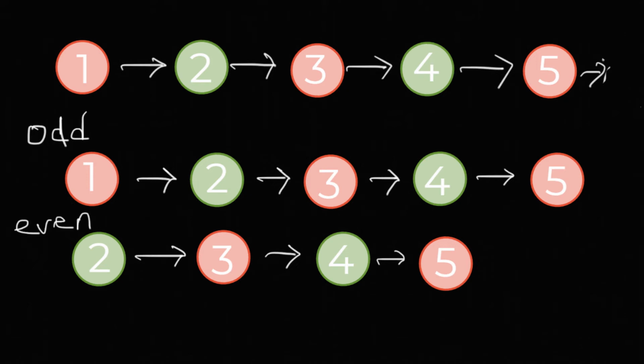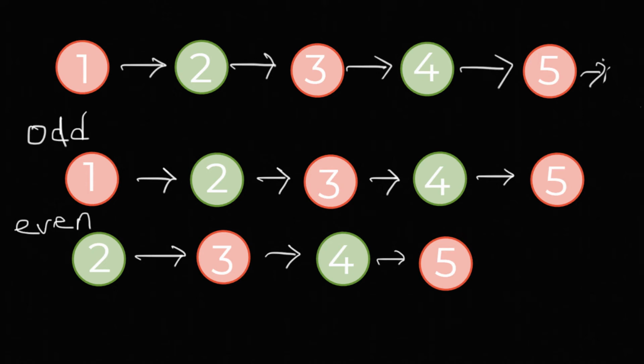First operation, we're going to set odd.next to be even.next. And next, we're going to update odd to the new odd.next that we just updated in the previous step. Then, we're going to set even.next to odd.next. And finally, we're going to update even to the new even.next that we just updated in the previous step. I know that sounds confusing, but I promise you it's going to make sense in a second.